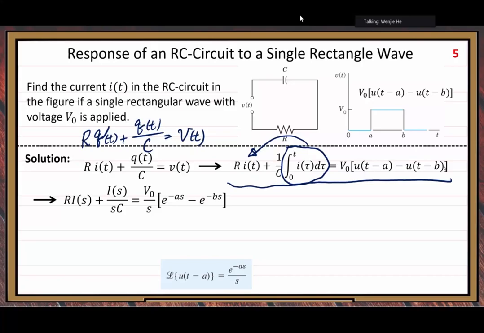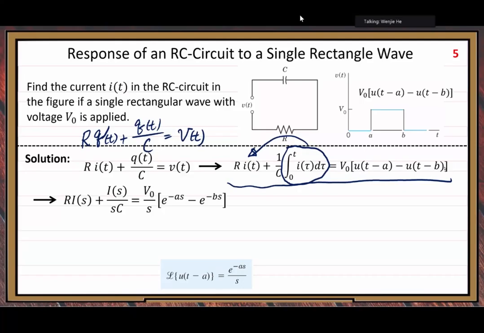So the opposite of multiplication, the inverse, is division. Based on that, for the integral of this function, you take the Laplace transform and you just do the division by S. Very simple.